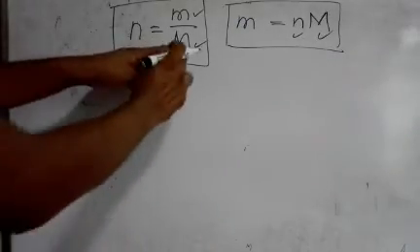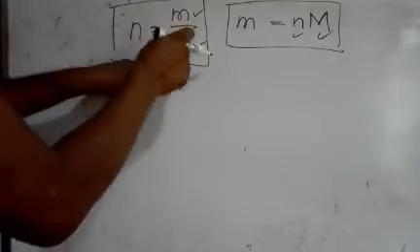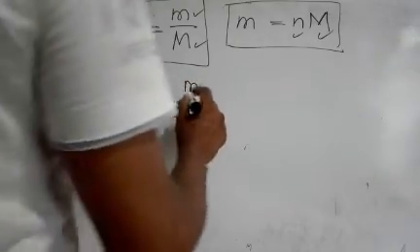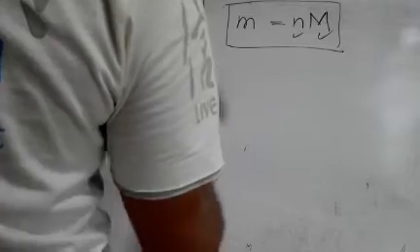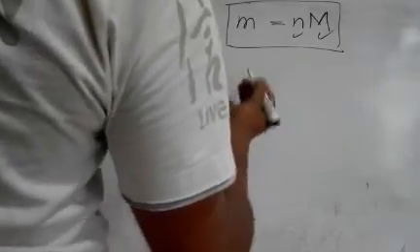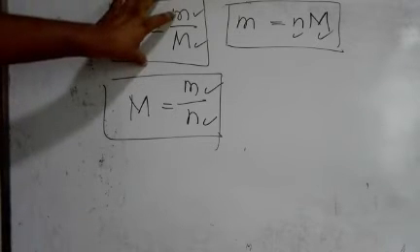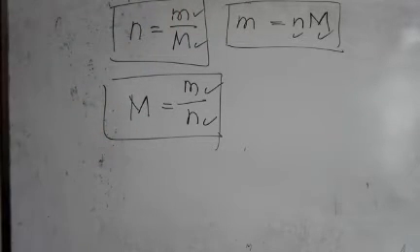And in the other way, if we transpose, n will come here, so molar mass equals mass divided by number of moles. So if we know the mass and number of moles, we can find the molar mass. According to the question, we have to use the equation. The main equation is this. You can transform it and do the calculations.